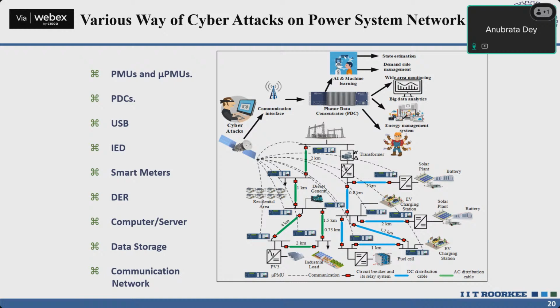If you have skilled knowledge of how to hack or attack the system, then you can easily hack it and manipulate those data. So all these are the vectors where these devices are vulnerable to attack, and one can easily carry out the attack.